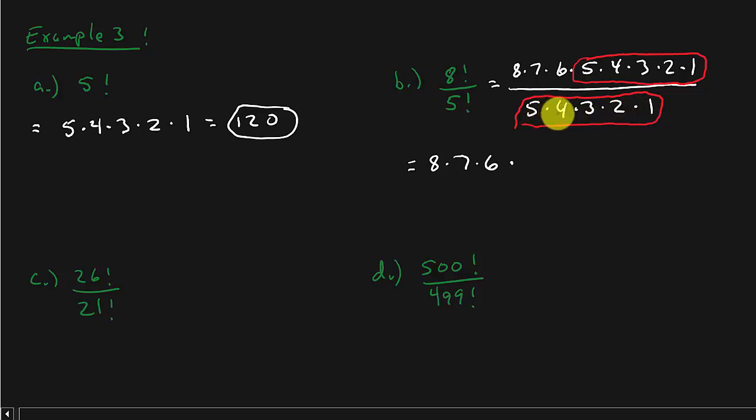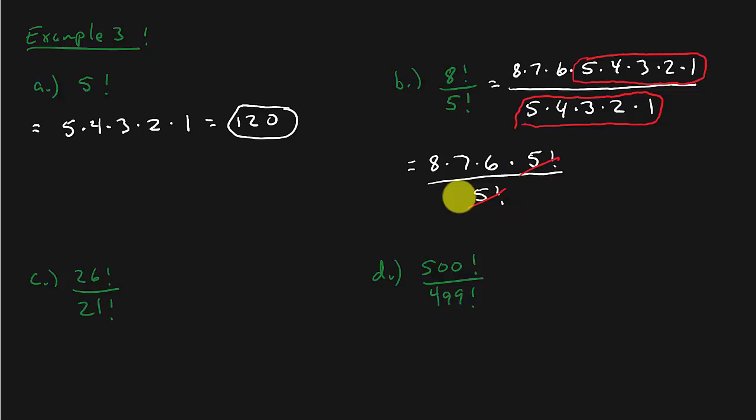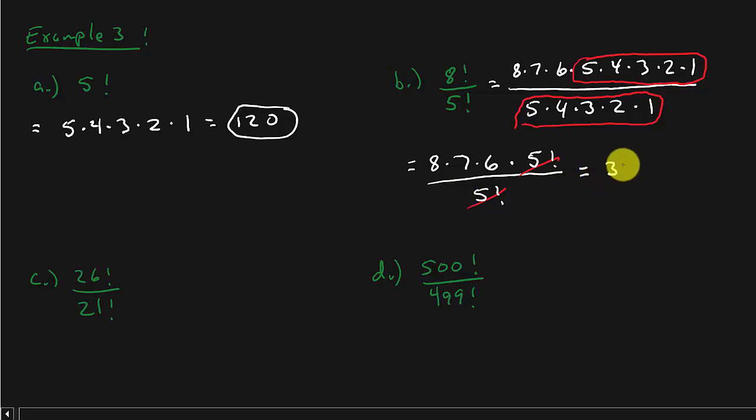That's 5 factorial, right? Over, and then this is 5 factorial. You see that? And now these things cancel here, and I'm just left with 8 times 7 times 6. And so that is what? 336.